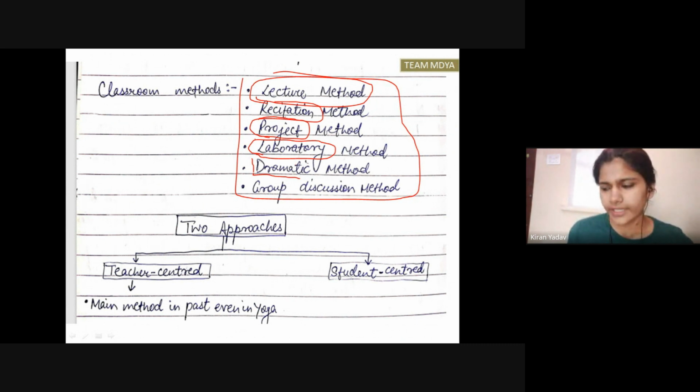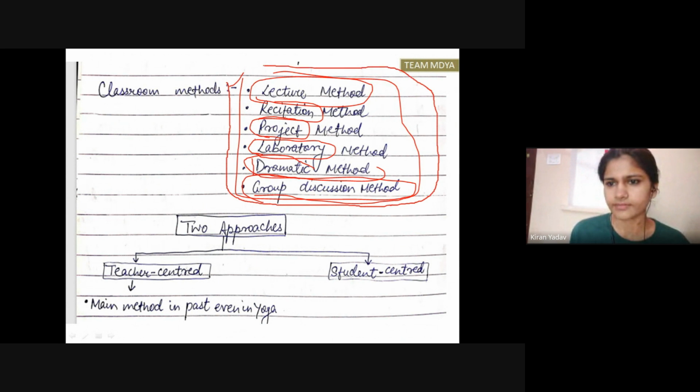Storytelling and scripting performances, etc. all come in this dramatic method. Then group discussion method. We will also study this later. So these are the classroom methods. Just remember the names of these methods.